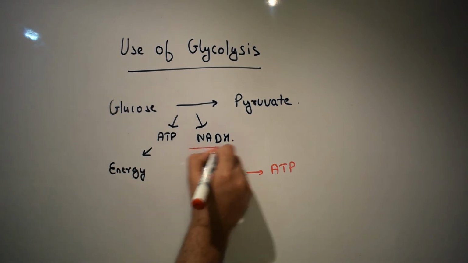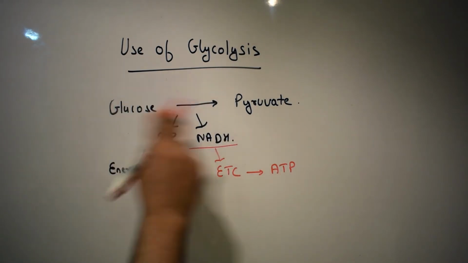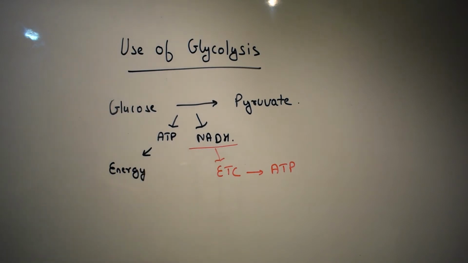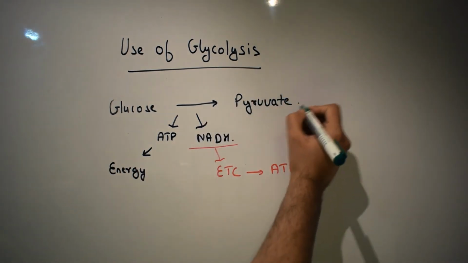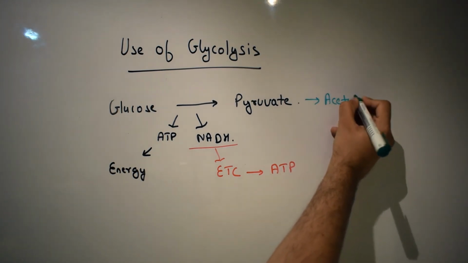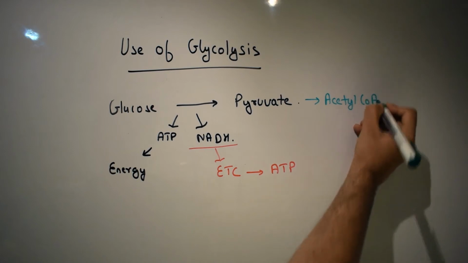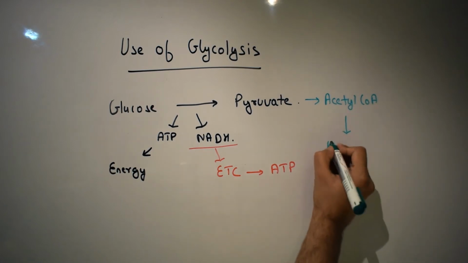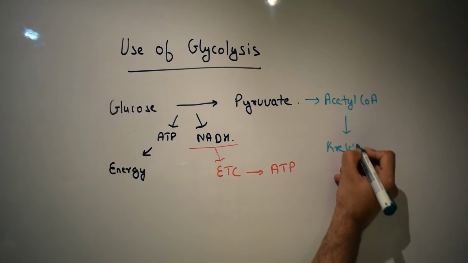So basically the product of glycolysis is the reactant: the NADH is the reactant of ETC, and the ATP produced is used as it is, and the pyruvate that is formed by glycolysis gets converted to acetyl-CoA, which is a 2-carbon molecule inside the mitochondria, and this acetyl-CoA enters the Krebs cycle.